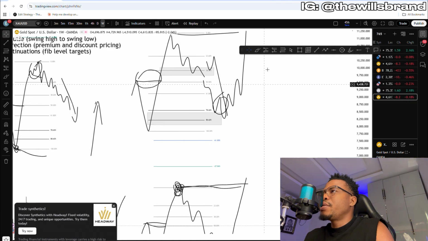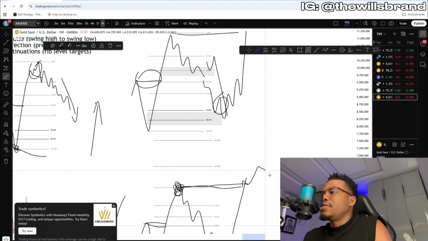So these are probable areas that if market breaks structure and wants to continue, it will come to this level. These are areas that it will come to before it shows any sign of reversal. There are fib levels that price tends to come to every time before it starts reversal.